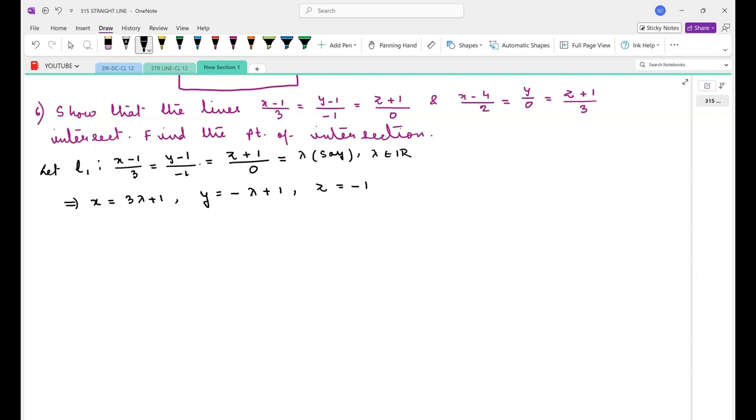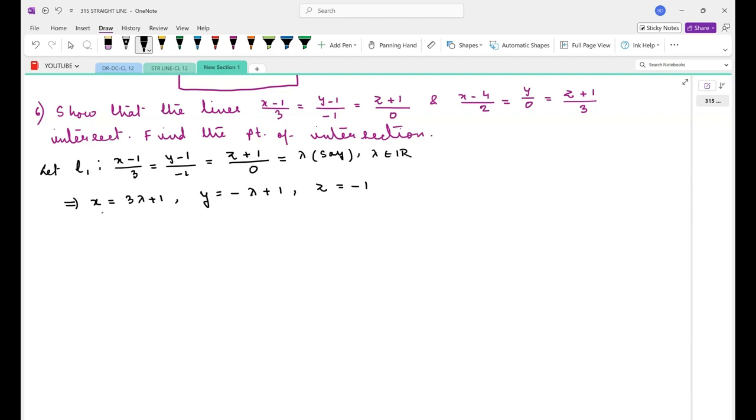Now, what does this represent? Earlier I told you that when you have a Cartesian equation like this, different specific values of lambda give different points on the line.